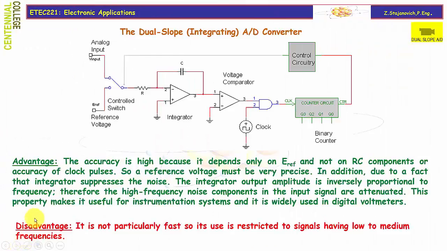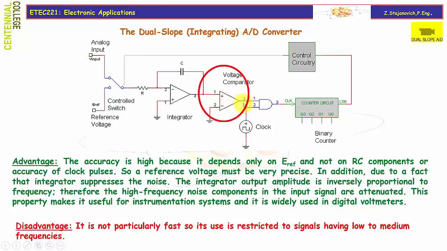So here is the final, more or less, block diagram rather than schematic of the dual slope integrating analog to digital converter. Let's quickly summarize its operation. Here we have an integrator. The integrator integrates either the sample of the input voltage or the reference voltage that has the opposite sign of the current sample.